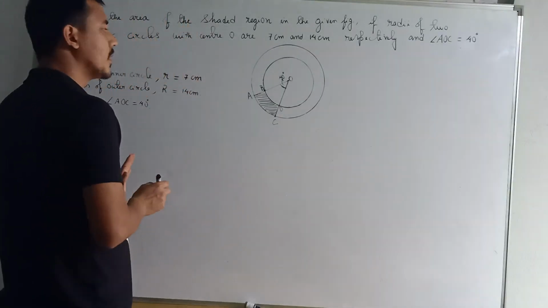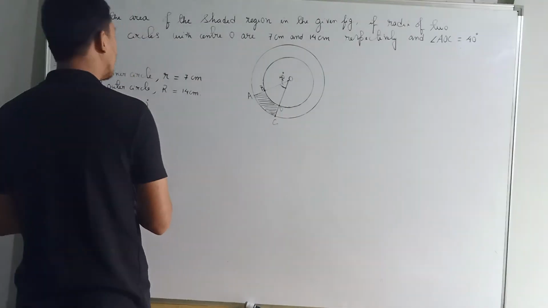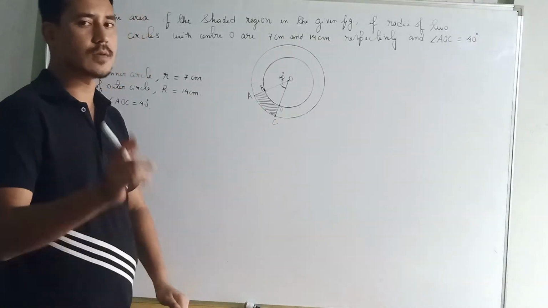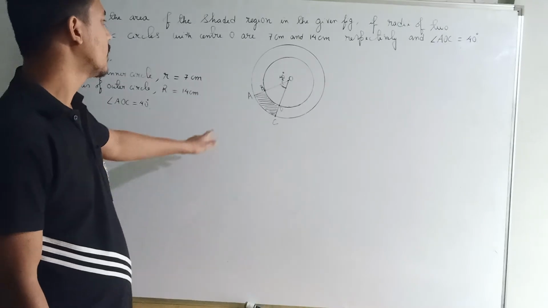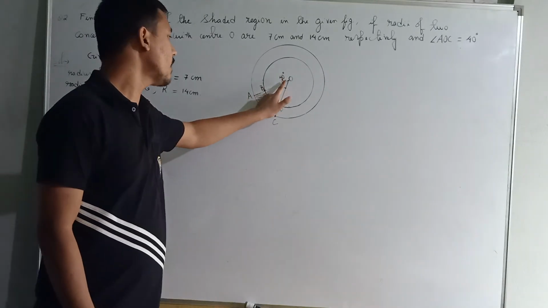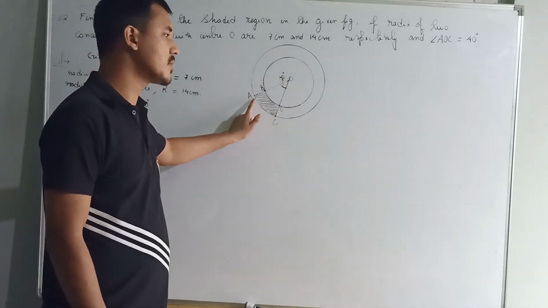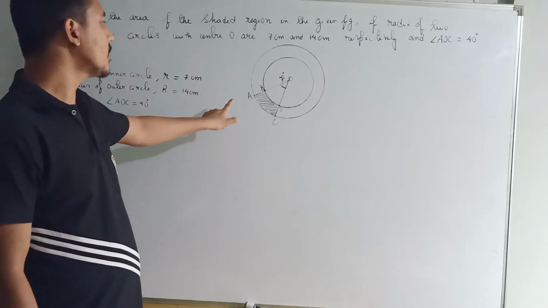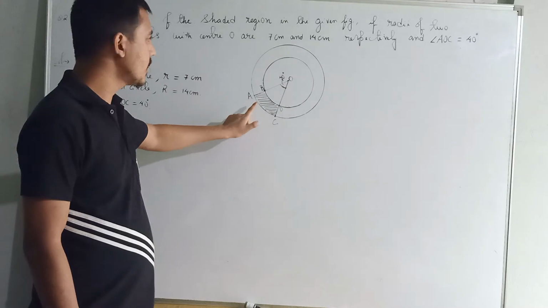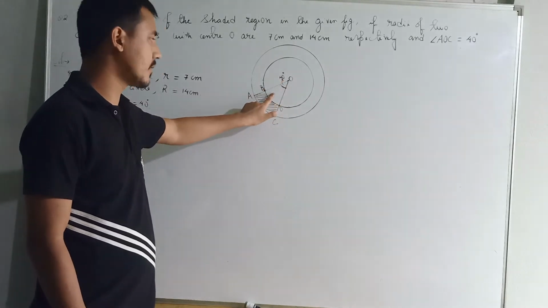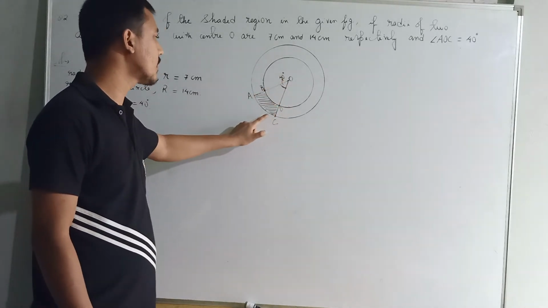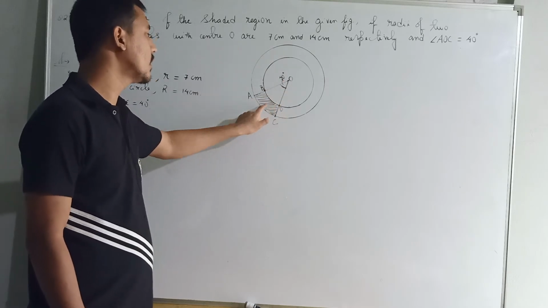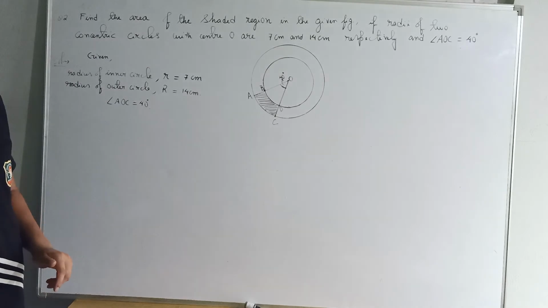From the bigger sector AOC, if we subtract the smaller sector BOD, then we get the shaded region.